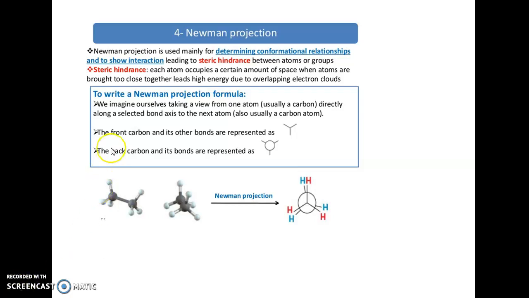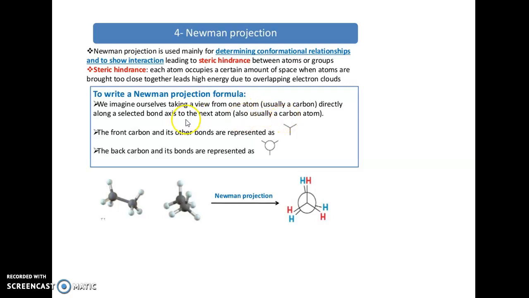So you should know how to write a Newman projection formula, like how we have seen for sawhorse and wedge-hatched bond structures. We imagine viewing the molecule from one atom, usually the carbon, directly along a selected bond axis to the next atom, usually another carbon atom.